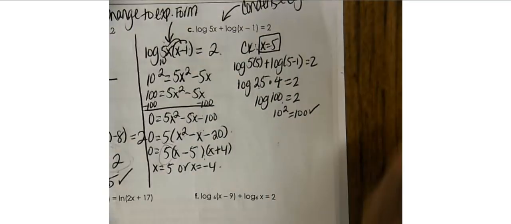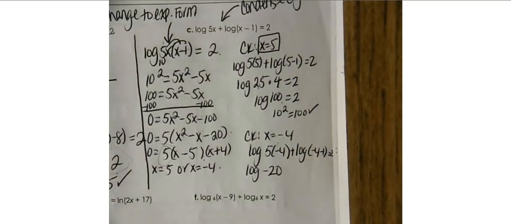So now I'm going to try to check x equals negative 4. So I'm going to write log of 5 times negative 4 plus log of negative 4 minus 1, is that equal to 2? Well, I have log of negative 20. I'm going to stop right there.